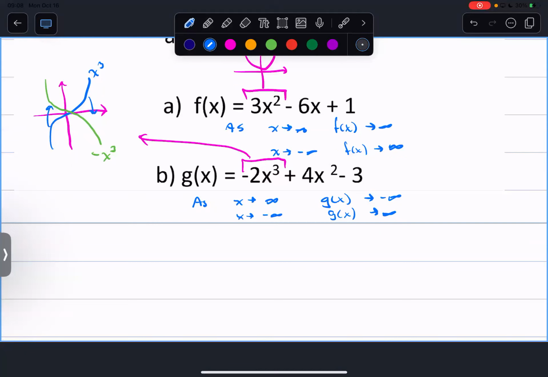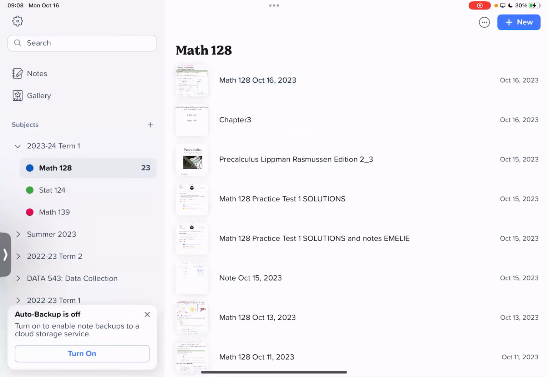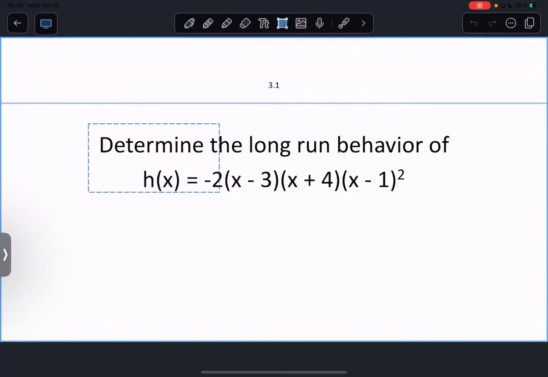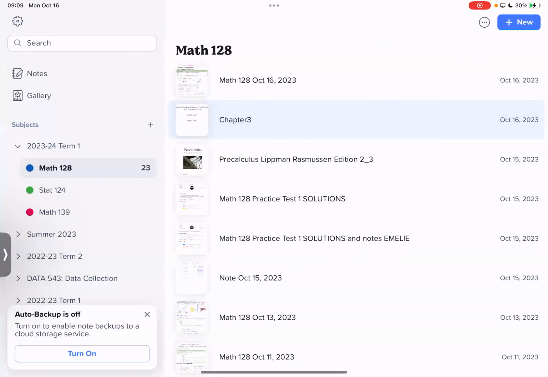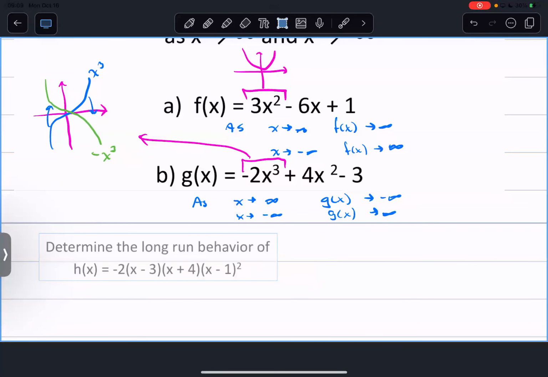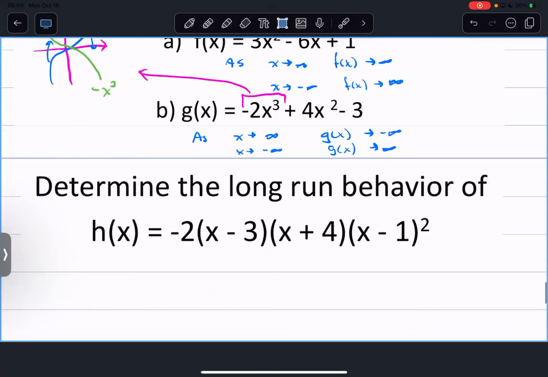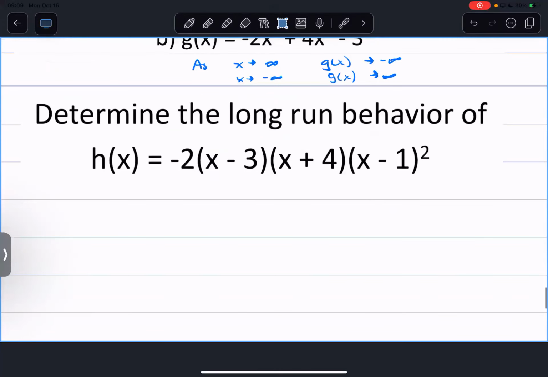What if we had something like this? Looks terrible.